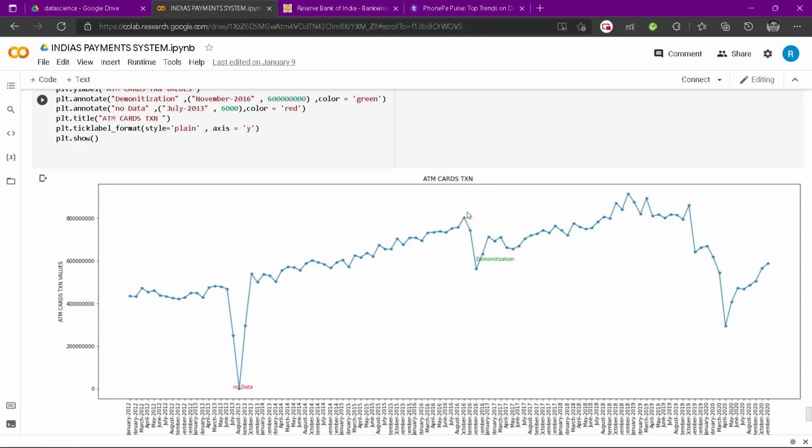In this phase we see a significant drop in transactions, which indicates that RBI limited the transaction amount during the demonetization phase. It gradually picks up in February and March, when RBI relaxed the demonetization restrictions.